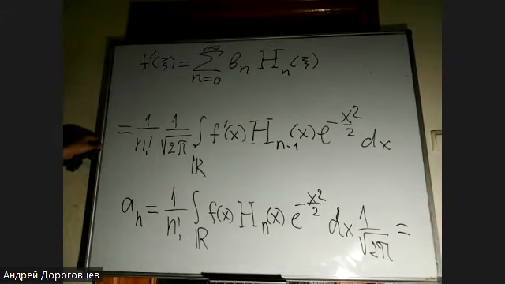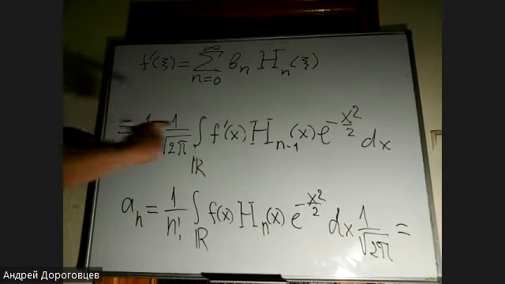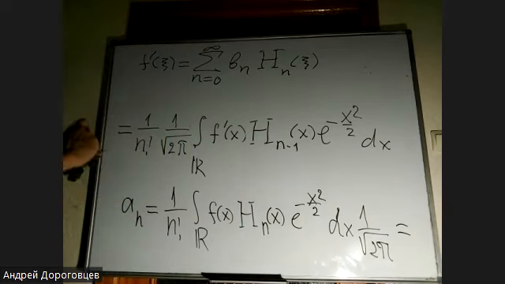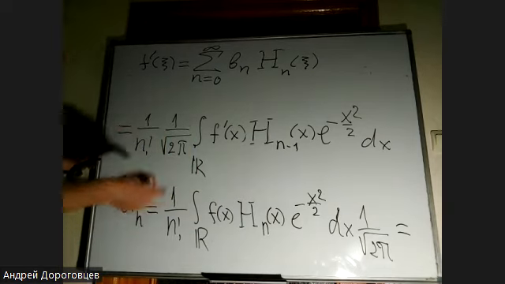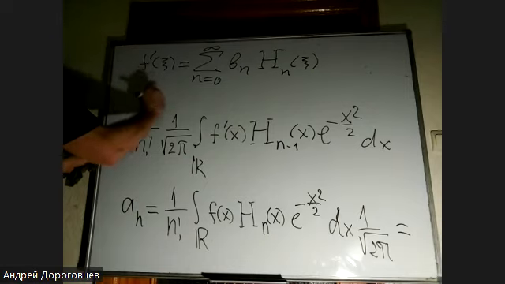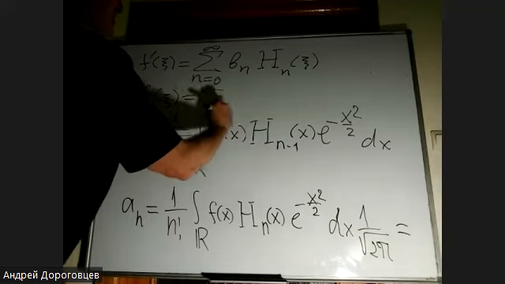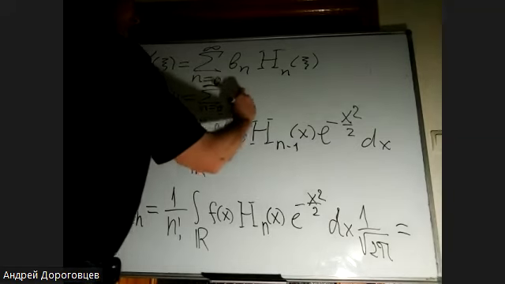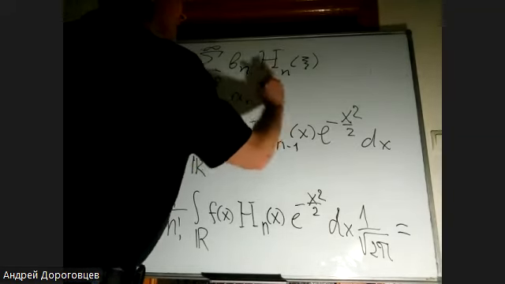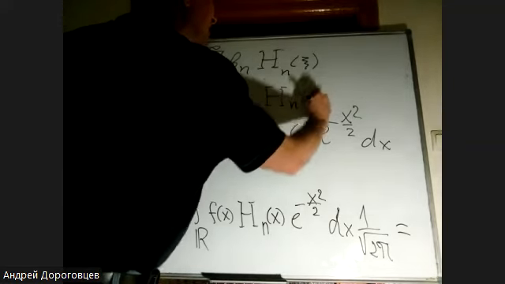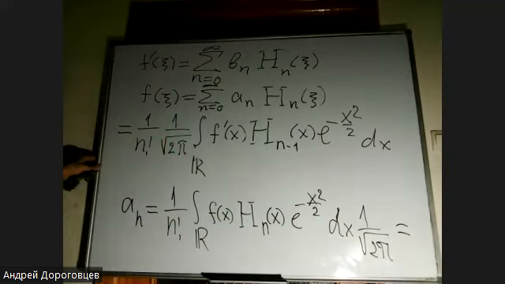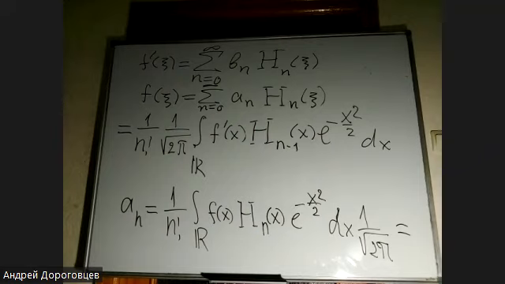Then let me recall that we have here this expression, the sum for n equals 0 to infinity of a_n H_n of xi, that we have some relationship between them, and one can find this relationship easily.